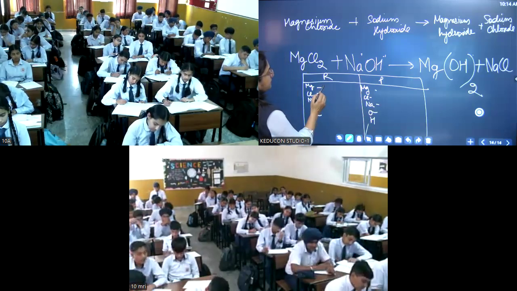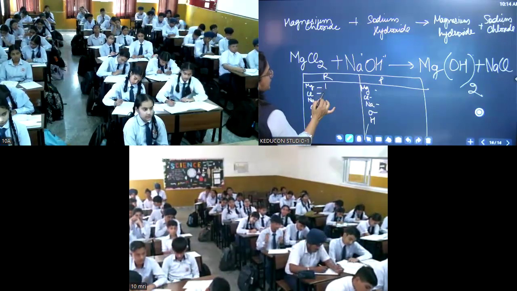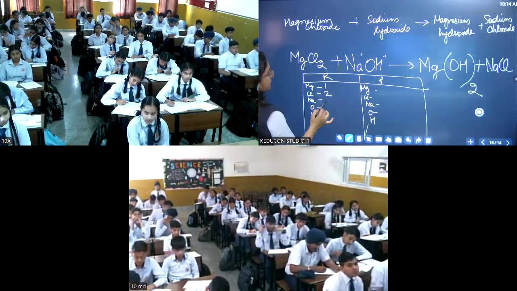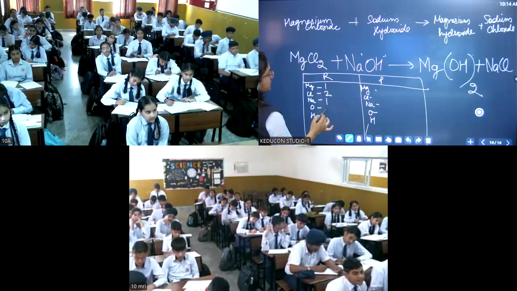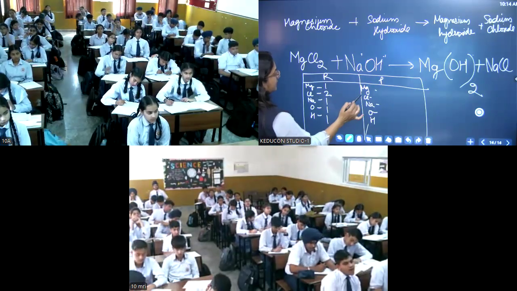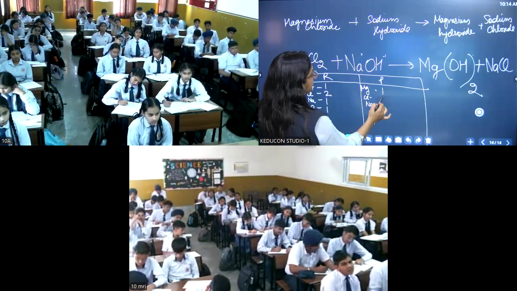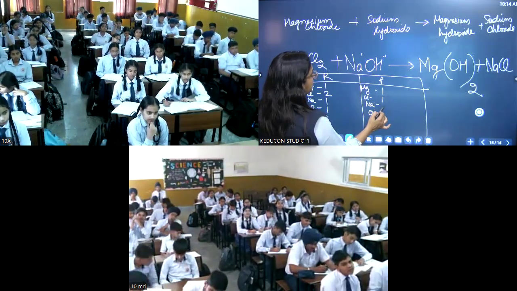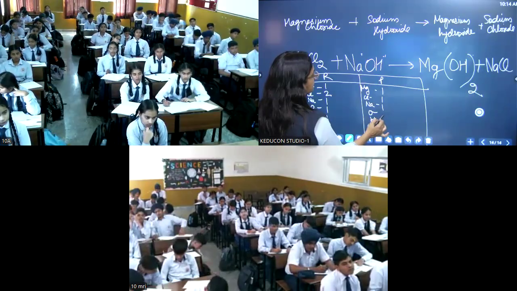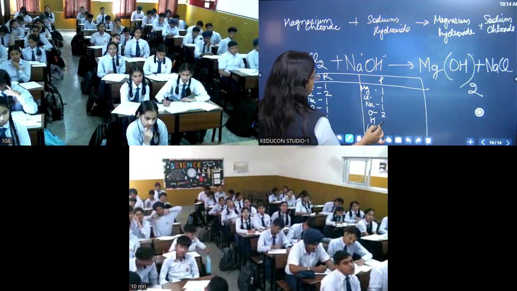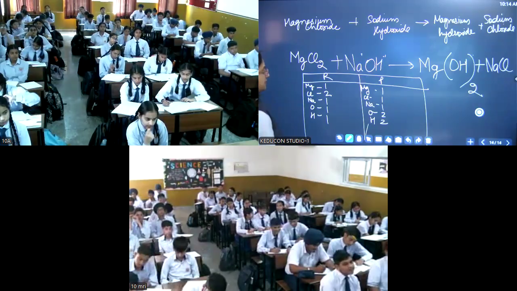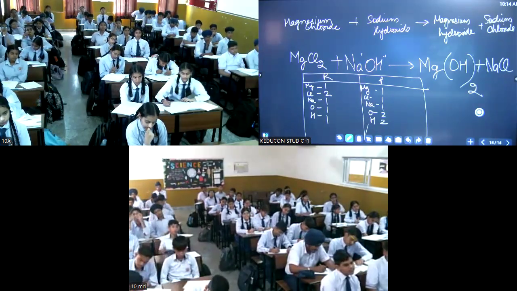Number: magnesium 1, chlorine 2, sodium 1, and on the product side magnesium 1, chlorine 1, sodium 1, oxygen 2, hydrogen 2. So, from where should we proceed?